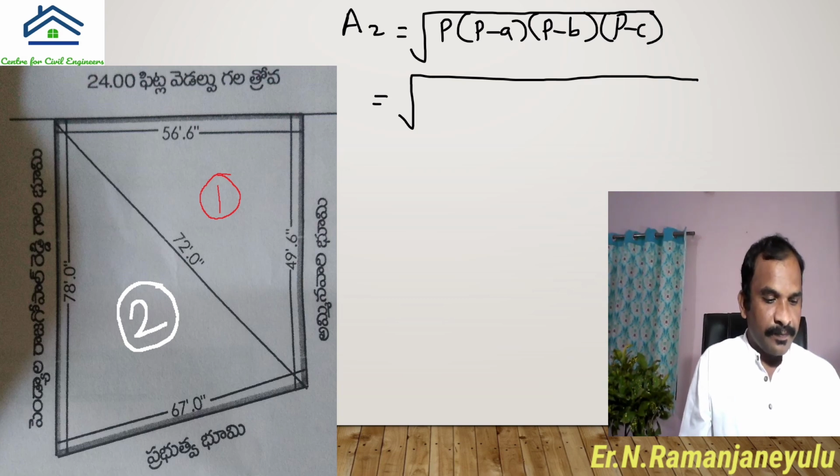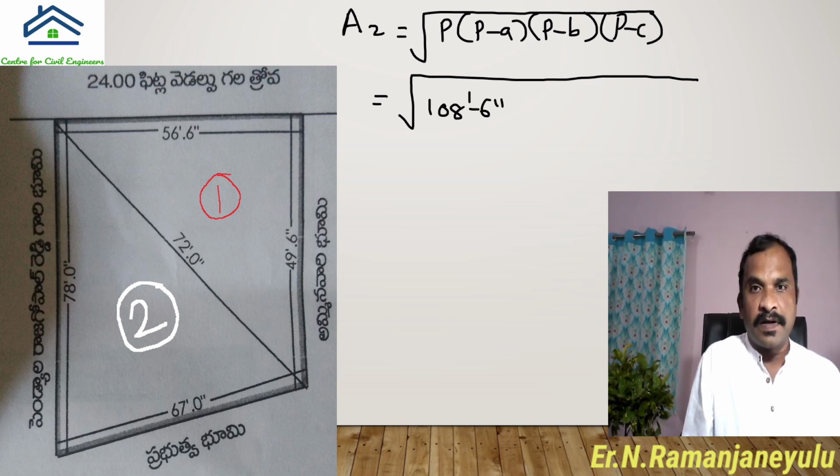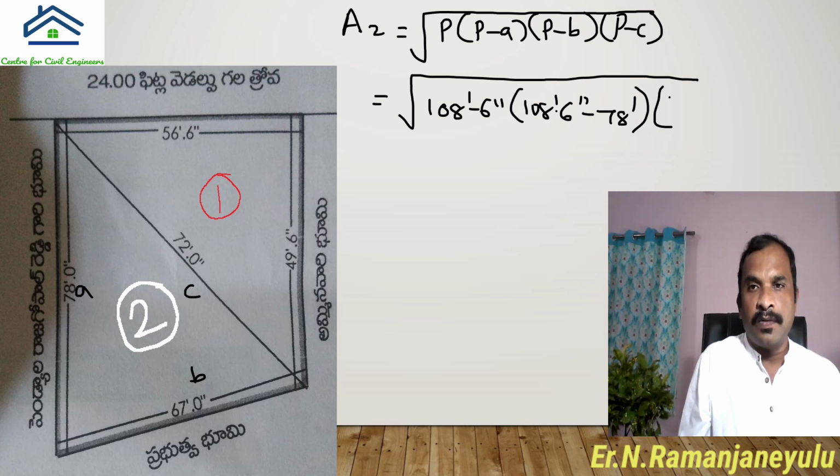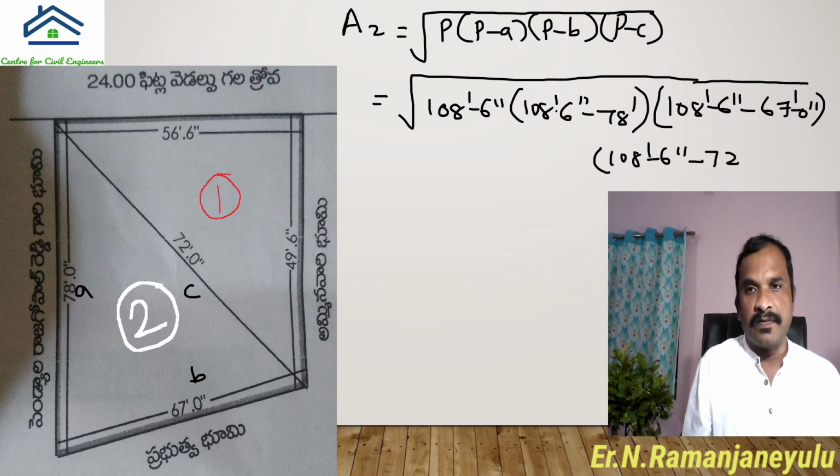P is 108 feet 6 inches into (108 feet 6 inches minus a, 78 feet), into (108 feet 6 inches minus b, 67 feet), into the last term, 108 feet 6 inches minus 70 feet.